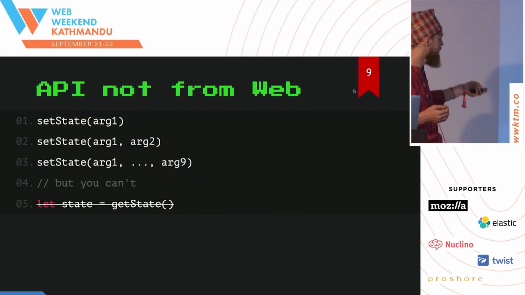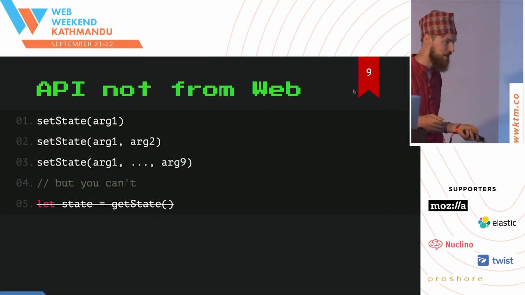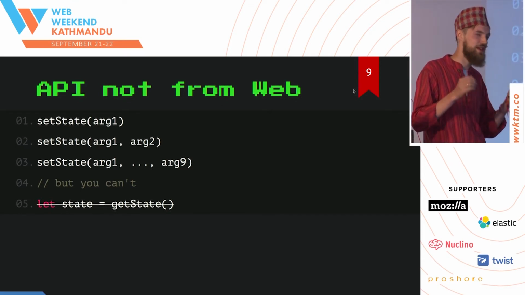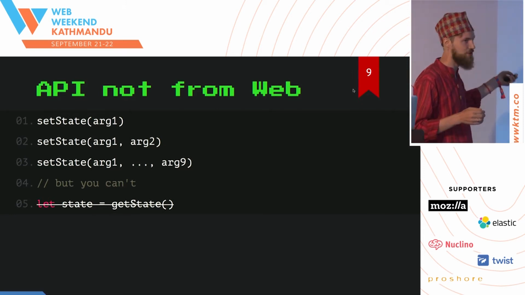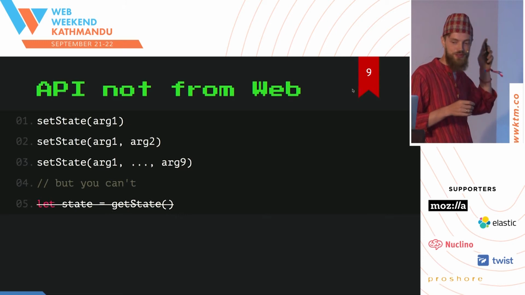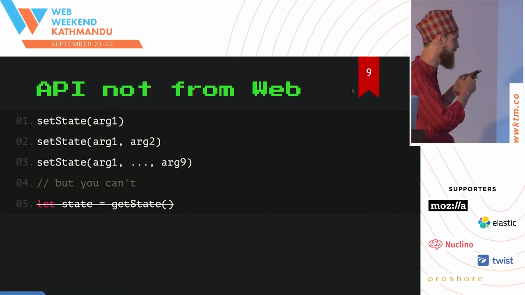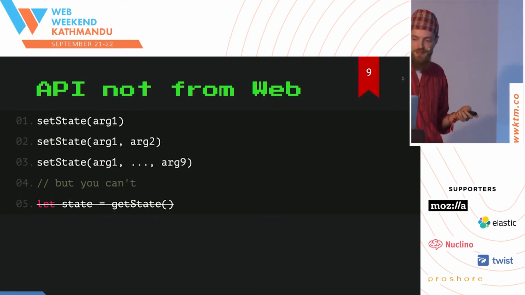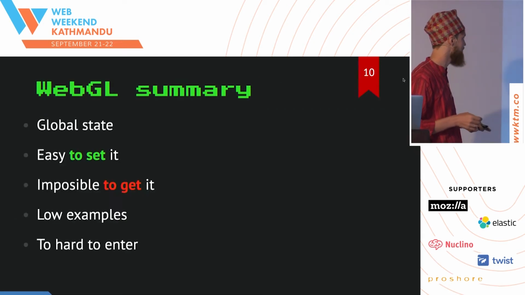But feel free, all of these functions are just set-state methods, because in WebGL we have a global state, and this global state renders on our video adapter. And all the functions that you need are modifications of this state. You can set the state, but you cannot get it. You cannot check it. You cannot debug it without going to the video adapter.